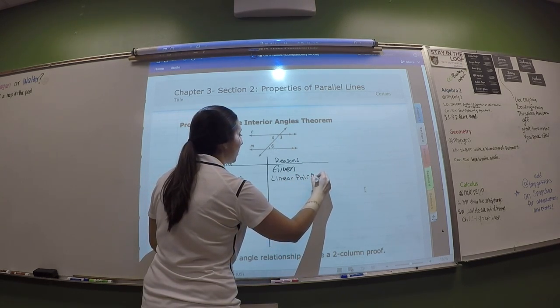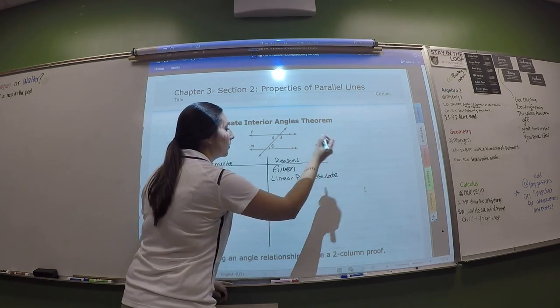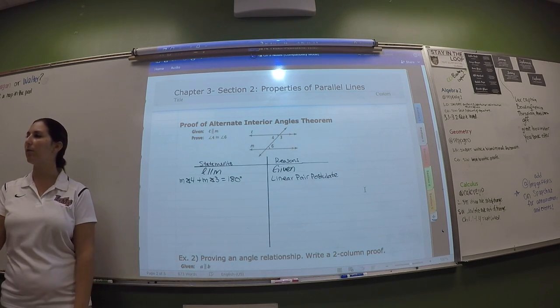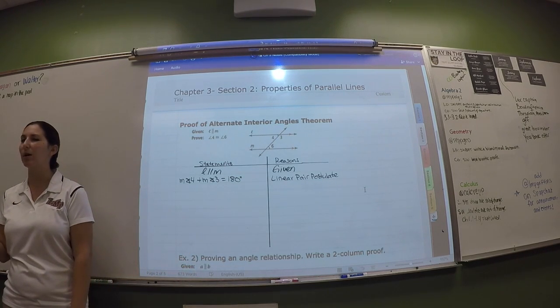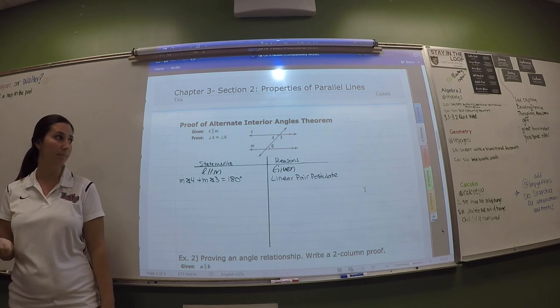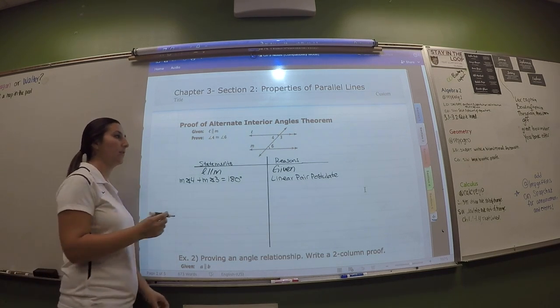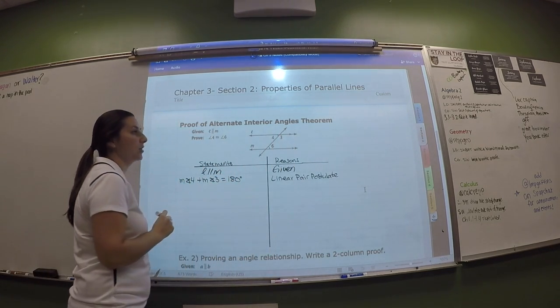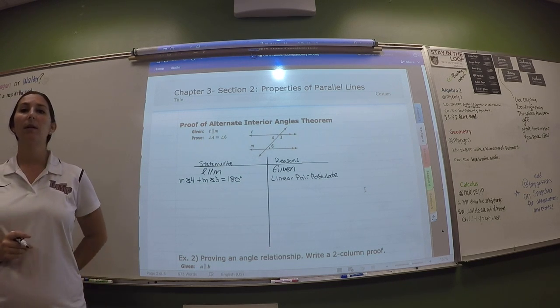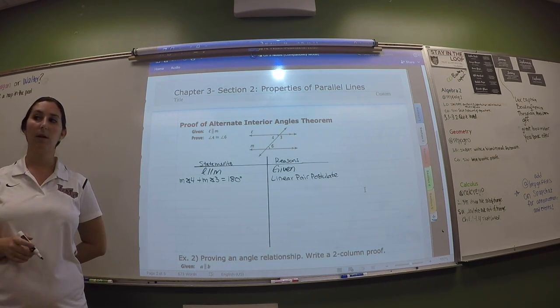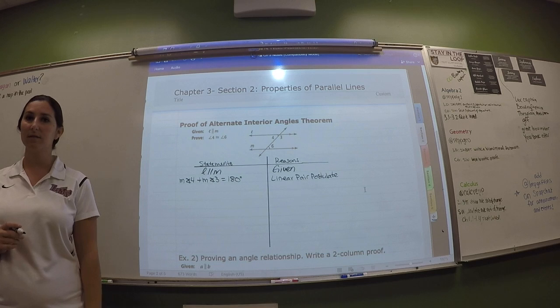When I told you to put all those postulates and theorems in the back of the book, this is where it comes in handy because you have things to work with. So these two make 180 degrees. We can also say something else.